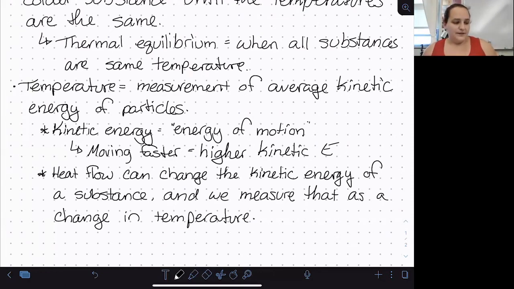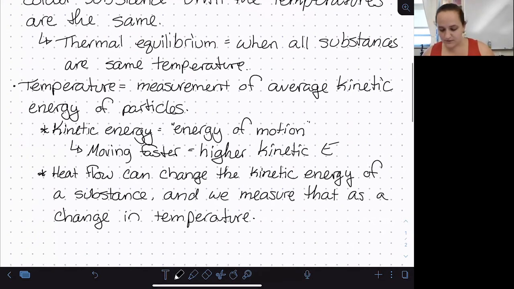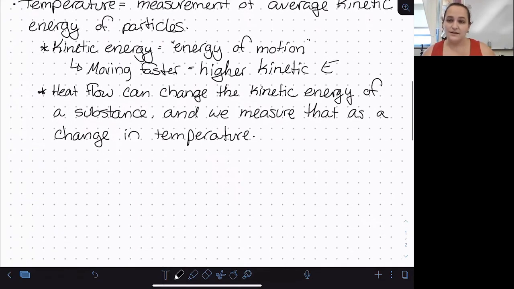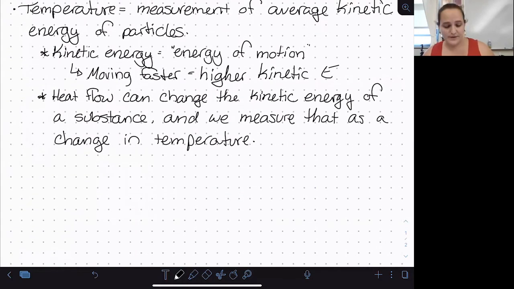So also related to temperature, we have a few different temperature units or temperature scales that we use in science. In the US, in weather and common everyday life, we use the Fahrenheit scale, but the Fahrenheit scale is not used in science at all. The two scales that we use in science are Celsius and Kelvin, and we will use both of those now.